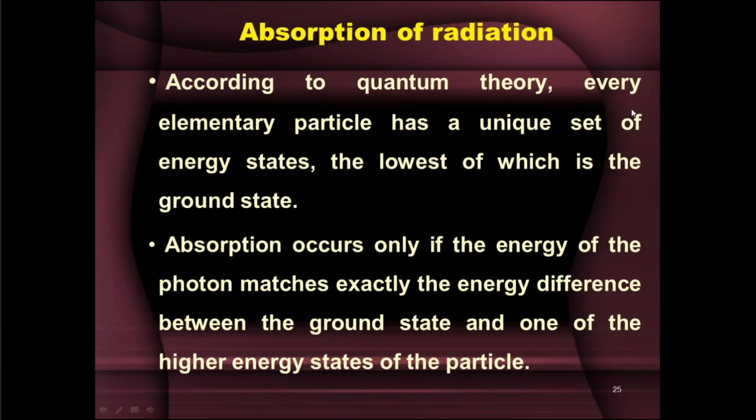So now we'll try to understand absorption of radiation and when it happens, when it may not happen. According to quantum theory, every elementary particle, which could be an atom, molecule, electron, or ion, has a unique set of energy states, the lowest of which is the ground state.